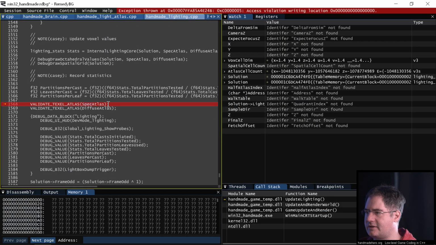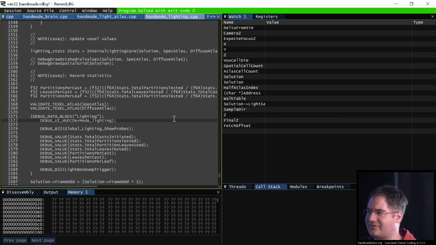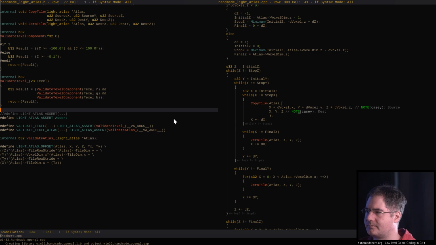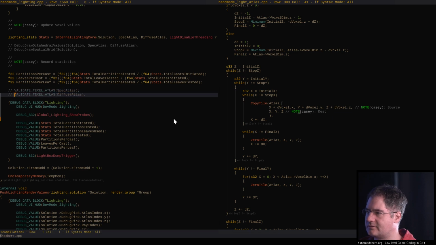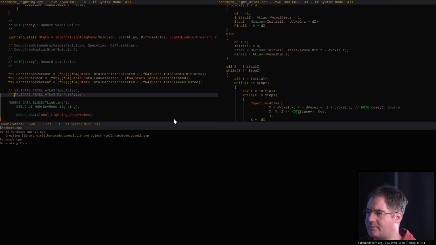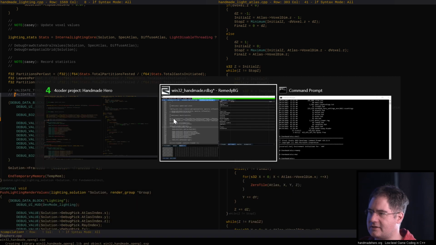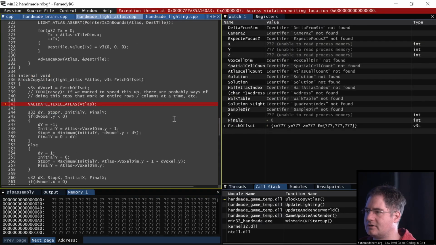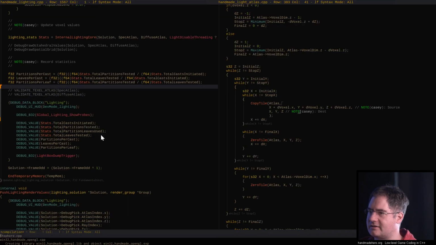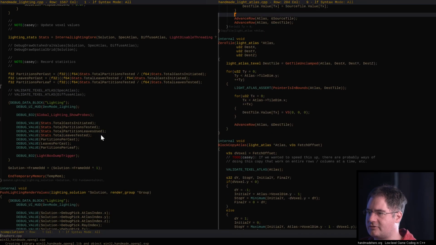That's the light leak assert, but I can probably turn those off at the moment. That's the one that catches the light leaking. It's the one that basically validates that the values are all relatively in bounds. Yeah, so we're always going to hit that light leaking one.